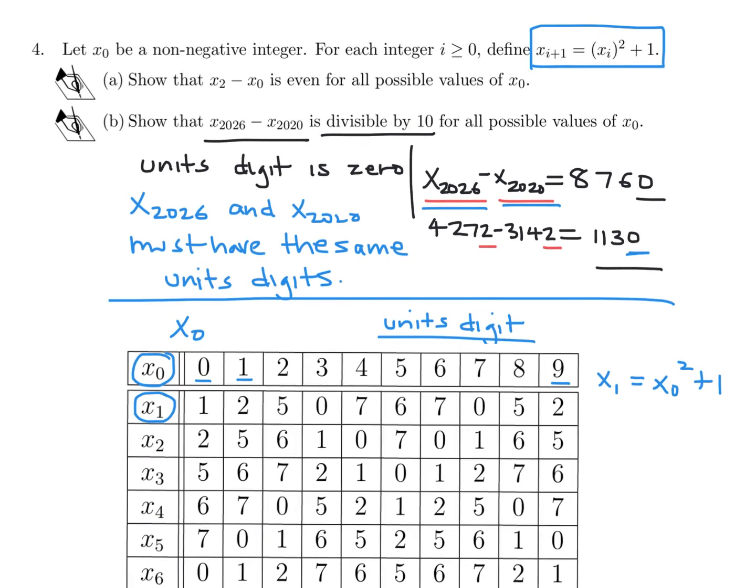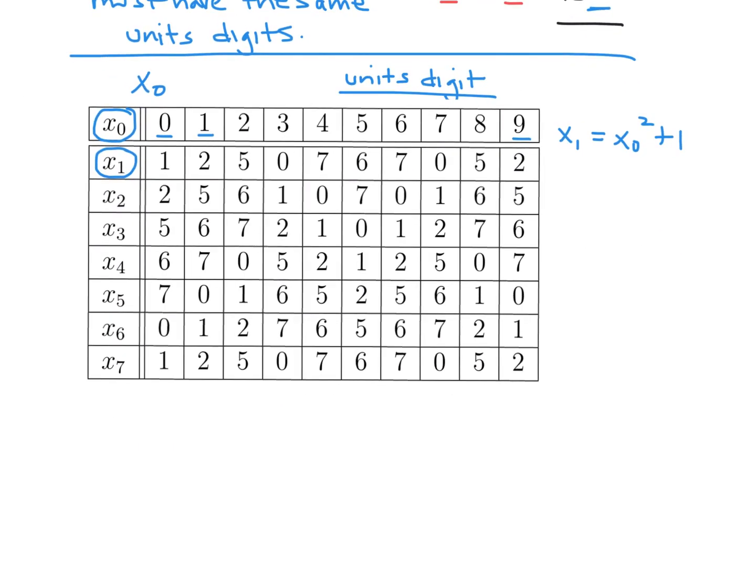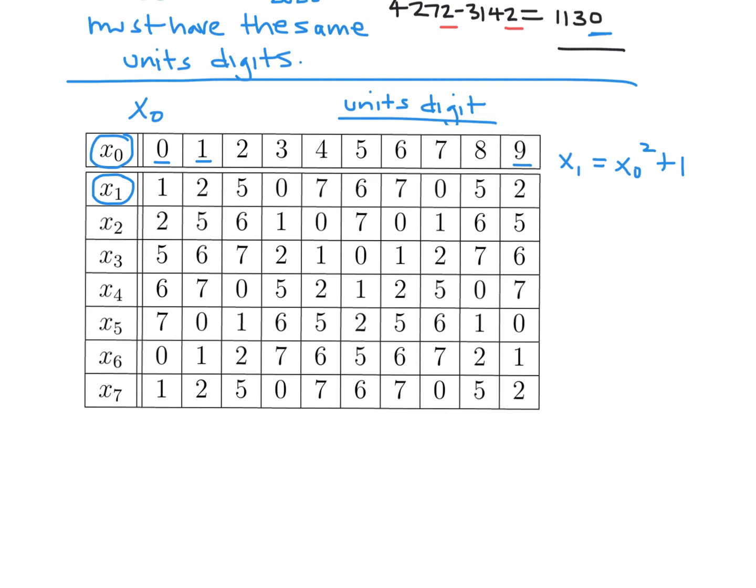If you take the units digit, whatever it is, and put it into this formula, you figure out the units digit of x1. For example, let's say x0 had a units digit of 4. Well, 4 squared plus 1 is 17. So x1 would have a units digit of 7, and that's why you have that 7 there.